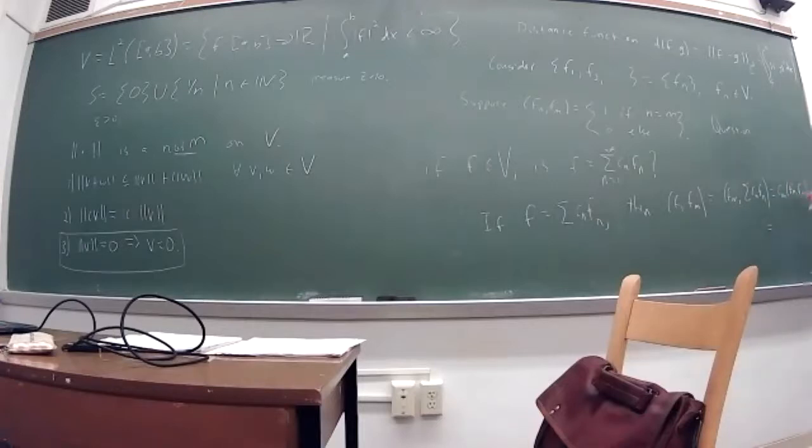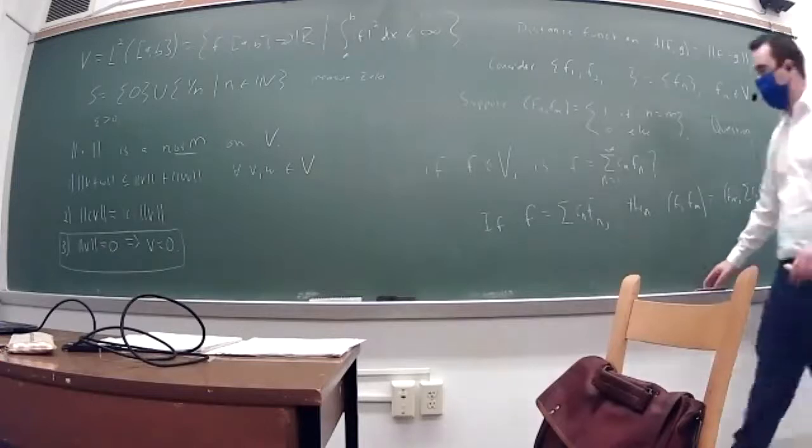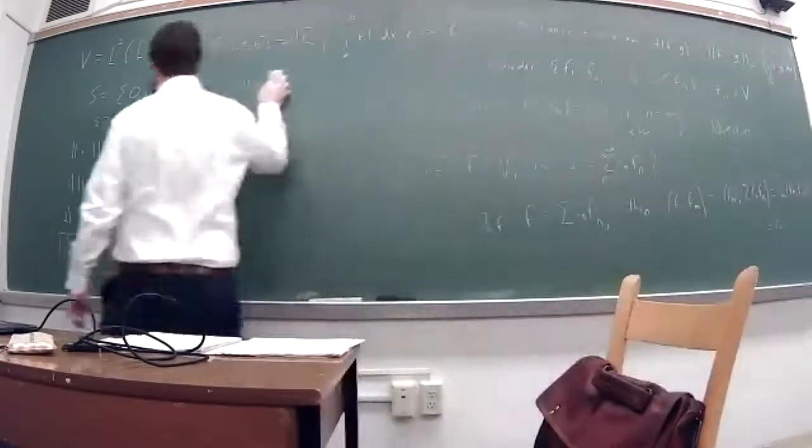And since it's orthonormal, if this is a constant, then you can divide through by that constant. But since this is 1 by orthonormality, then you get this formula that the constant is just the inner product of f with f_m, which in this case is just going to be that norm squared. So it recovers for you the formula that we got last time in that special case.